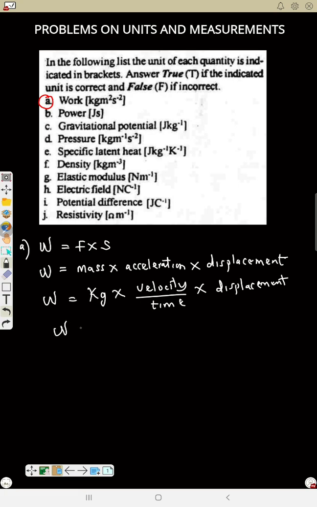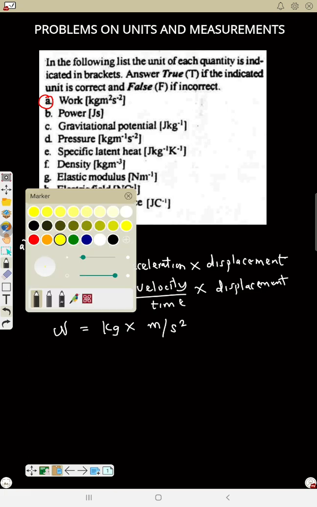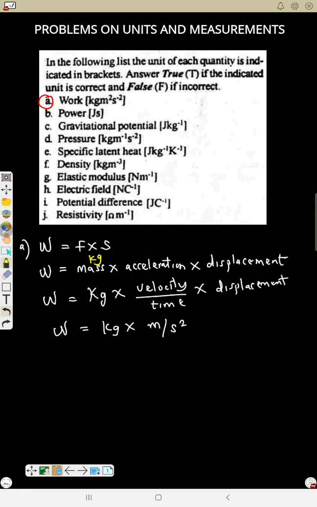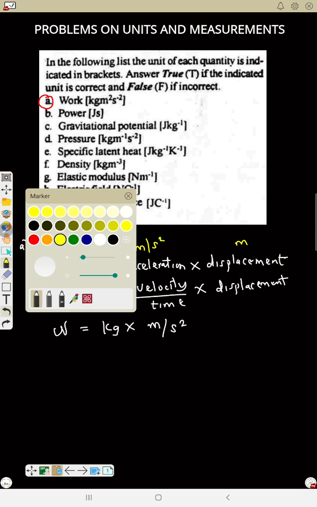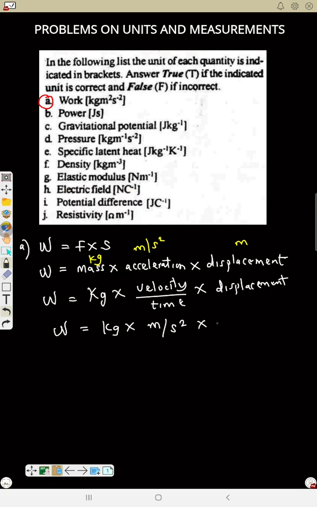That means velocity is in meter per second, then per second, so that will be meter per second square. That means the unit for mass is kilogram, the unit for acceleration is meter per second square, and the unit for displacement is meter. So combine the three, times meter.